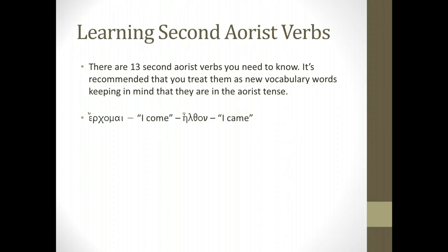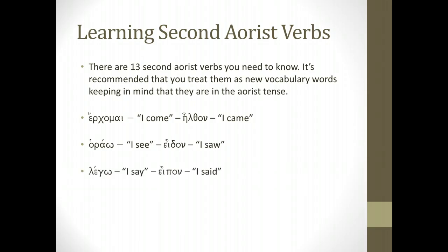So, in the second aorist, the verb erchomai, I come, becomes elthon, I came. Horao, which means I see, in the second aorist will become eidon, which means I saw.